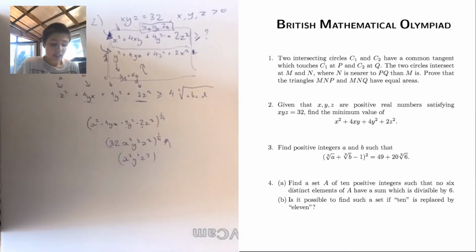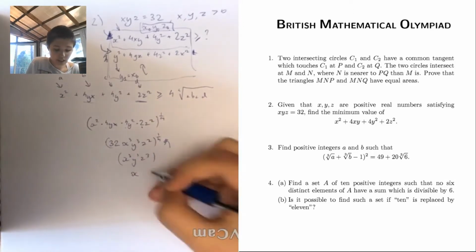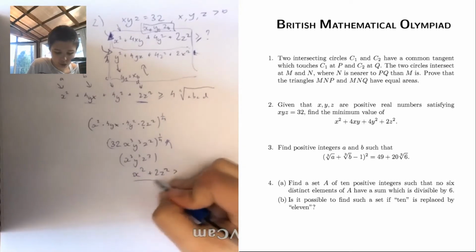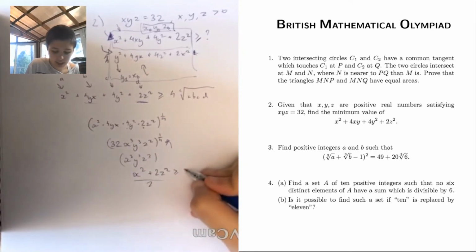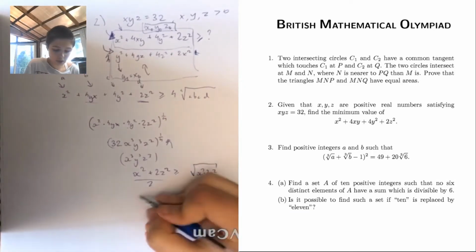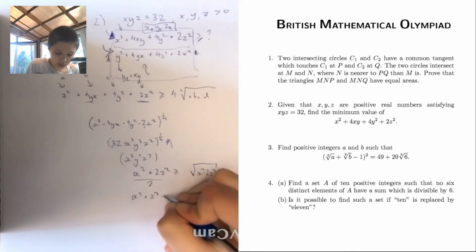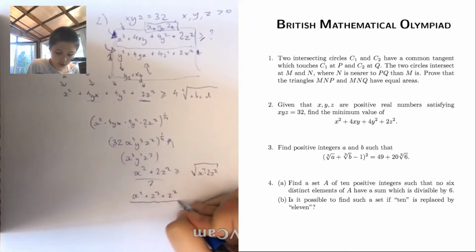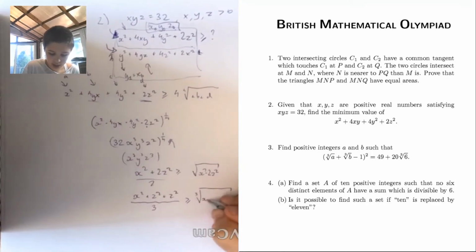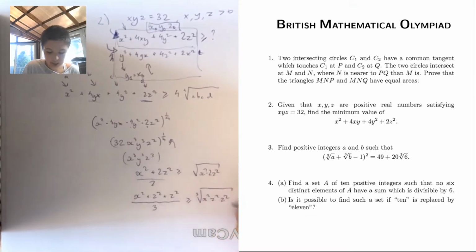So what can we do? Well, a quick reminder that x squared plus 2z squared, that would be over 2, let's say, is bigger than the square root of x squared times 2z squared, but also x squared plus z squared plus z squared, over 3, is larger or equal to the cube root of x squared z squared z squared.